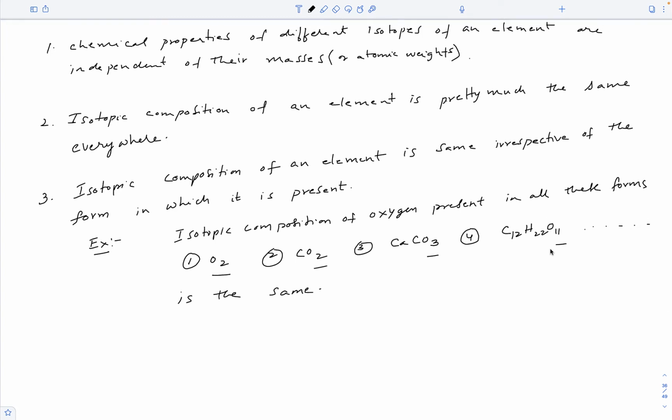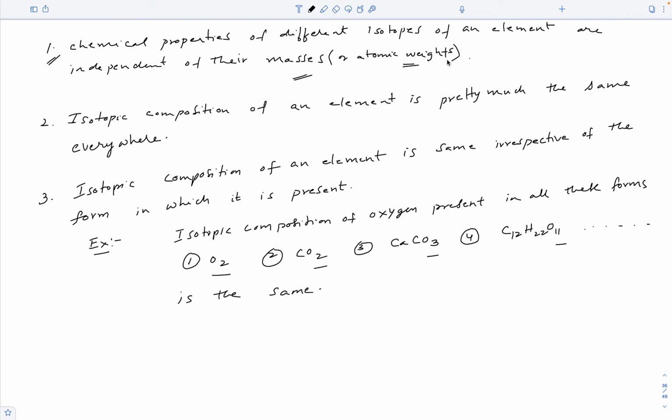And the chemical properties of different isotopes of an element are identical, though they have different masses. That means chemical properties of different isotopes of a given element are independent of their masses or their atomic weights.